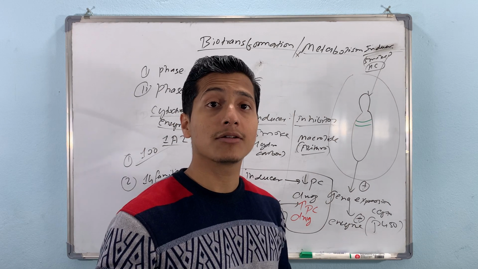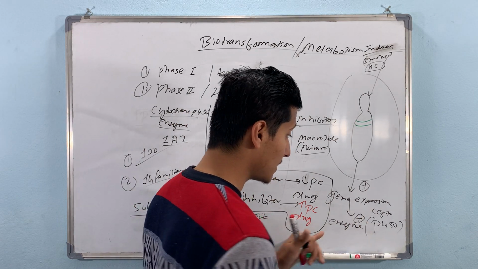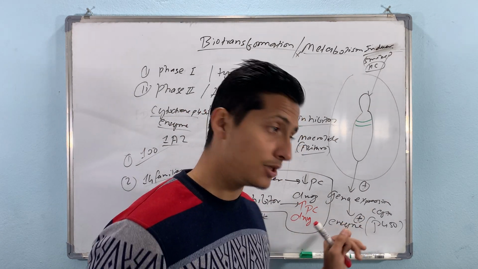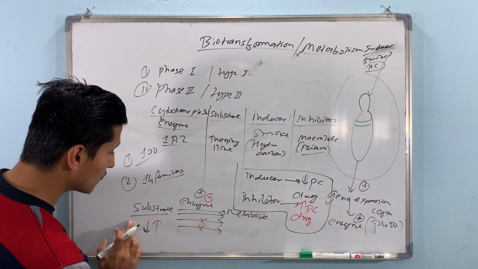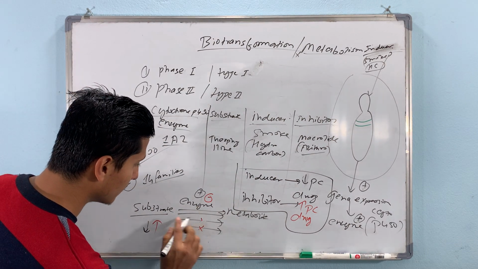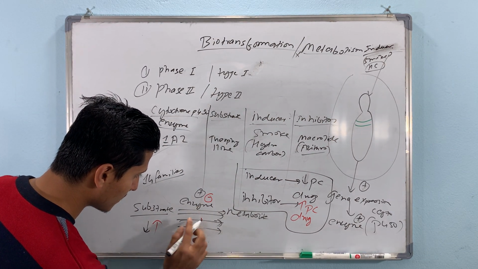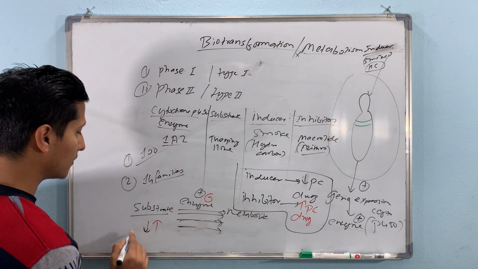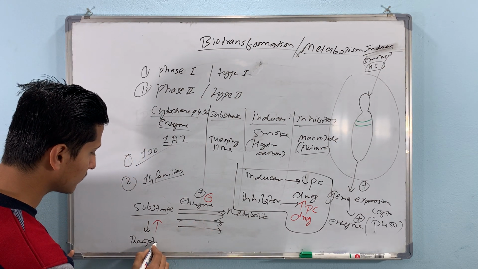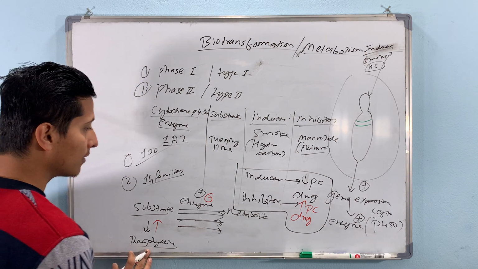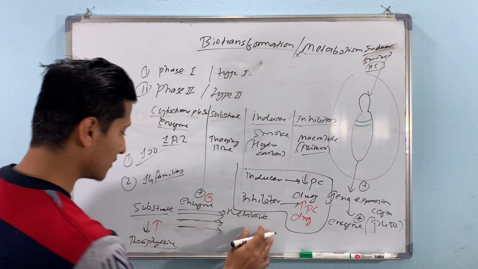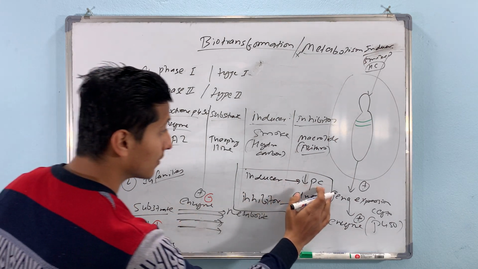So more gene is expressed and more amount of enzyme is produced. Now, with more enzymes, more substrate is metabolized, right? Now you see the theophylline, more amount of the theophylline is metabolized here. So the theophylline concentration in the plasma goes down.